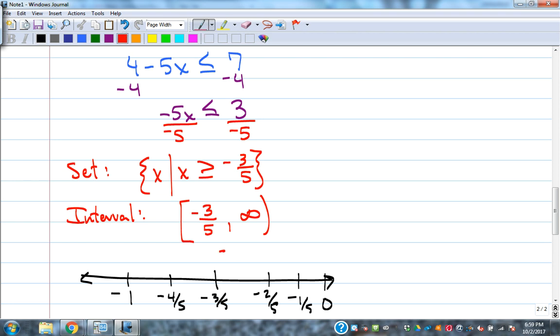Bracket going to the right. x's are greater than or equal to negative 3/5. Those are the 3 different ways of representing that answer. Being able to move in and out of those different forms of answers is fairly important.